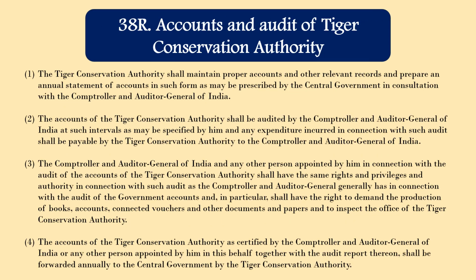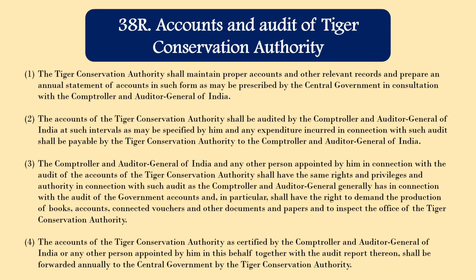And next is section 38R, which deals with the accounts and audit of the Tiger Conservation Authority. So here the authority has to maintain proper records and accounts, and they have to prepare an annual statement, and that is to be given to the central government after the completion of the year.